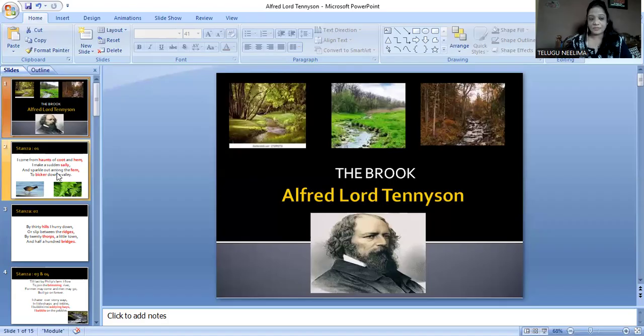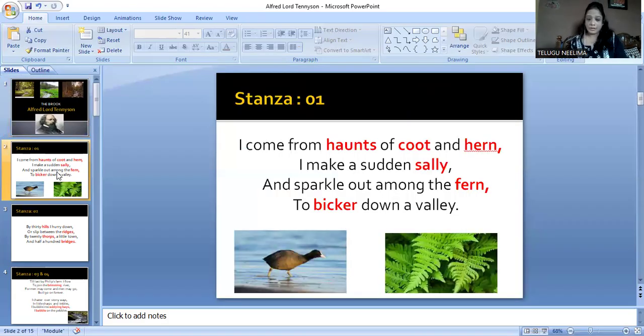This is how your first stanza looks. You can look at these four lines, which are very interesting. It starts with the letter I, which means the poem itself is in first person narrative.